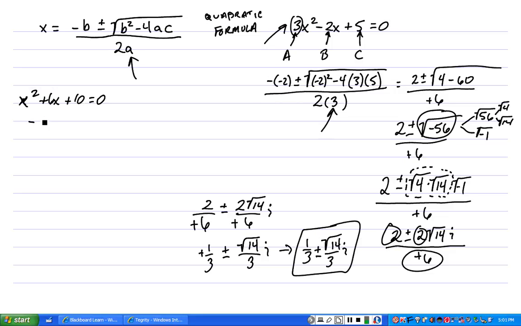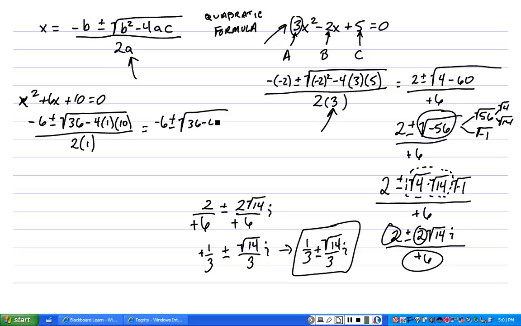So minus b plus or minus square root of b squared minus 4 times a times c, all over 2 times a. Okay, so negative 6 plus or minus square root of 36 minus 4 times 10, that's 36 minus 40, over 2.